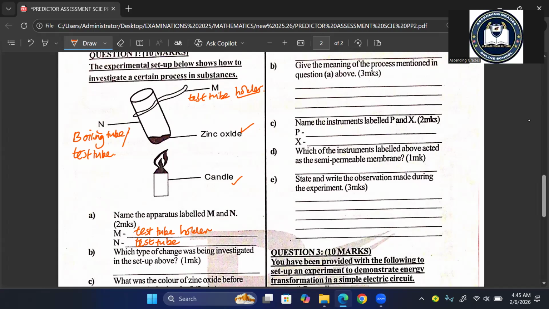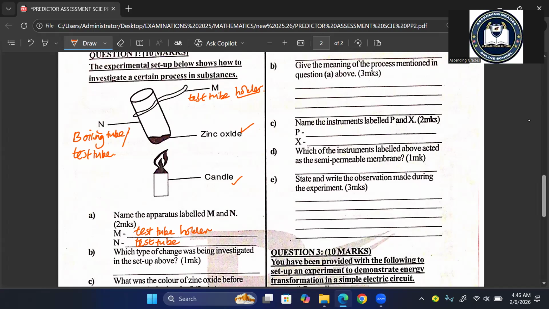Which type of change was being investigated in this setup? We know that when you heat zinc oxide, it changes its color from white to yellow. Then upon cooling, the yellow changes back to white. Therefore, no new substance is formed. No net heat changes accompanied.